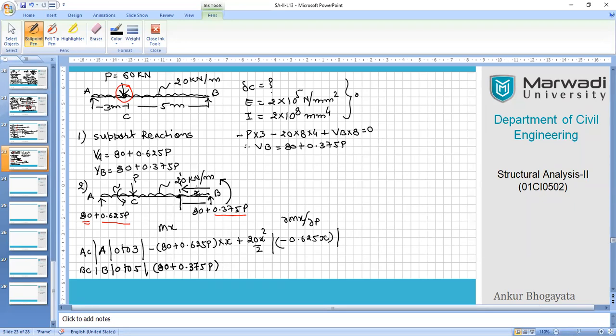And in addition we have UDL here, and it will be creating again the clockwise moment. So I will be taking it as negative 20 x square by 2, and hence here multiplication x, right? So again I'll be taking the partial derivative of this equation, where this is the portion which we need to consider. So it will be 0.375 times x.